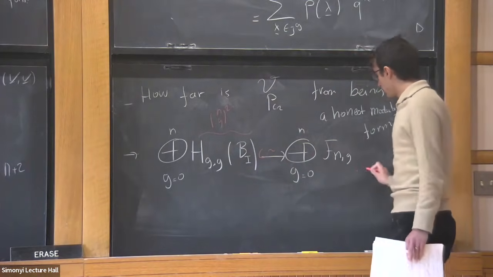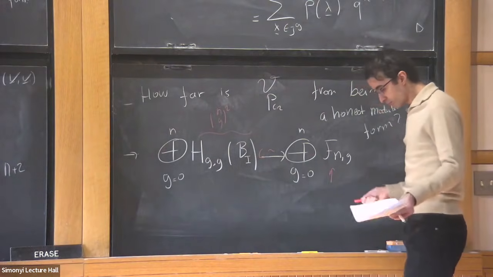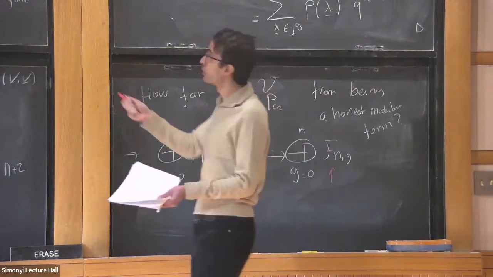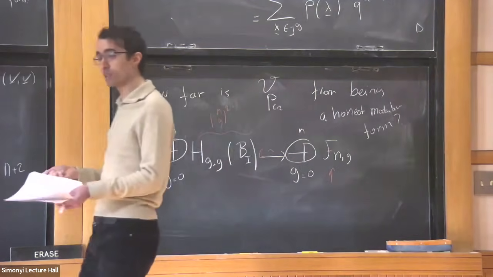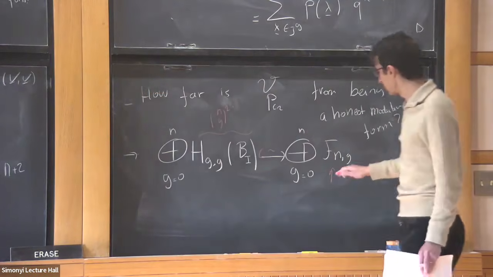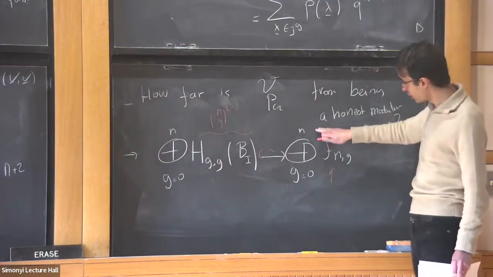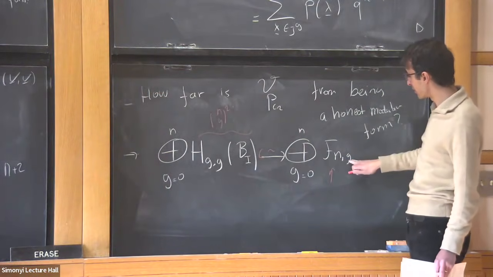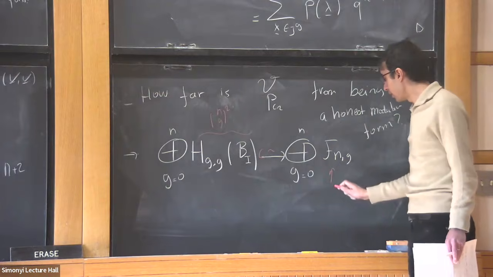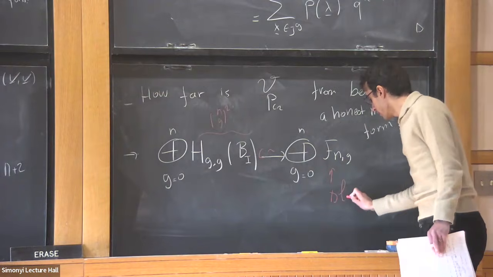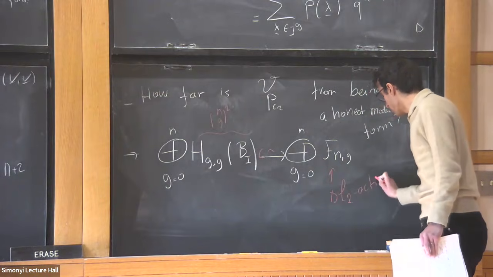But we can say more. They're both SL2 modules. If you have a homogeneous polynomial f and g, you can apply the Laplacian to it and get a lowering operator that takes you from f and g to f and g minus 1. So we just say this has an SL2 action.